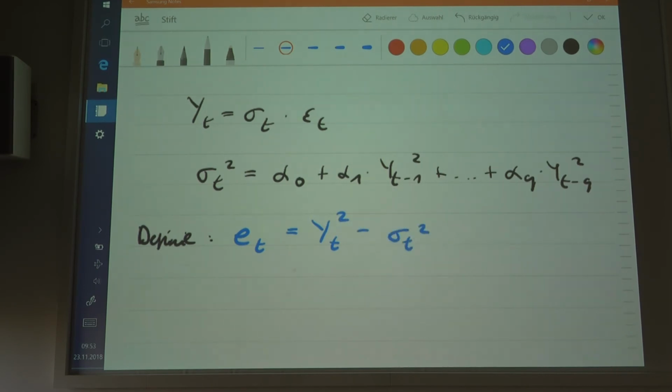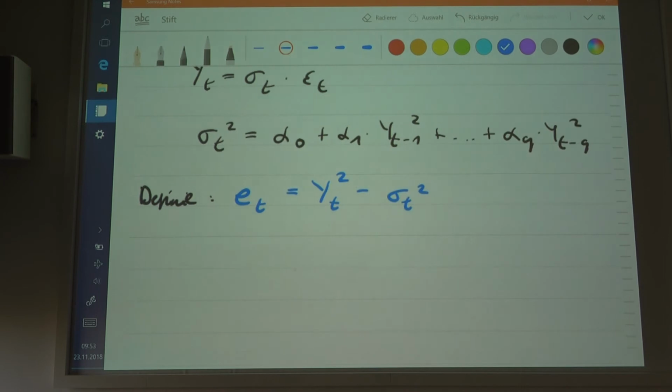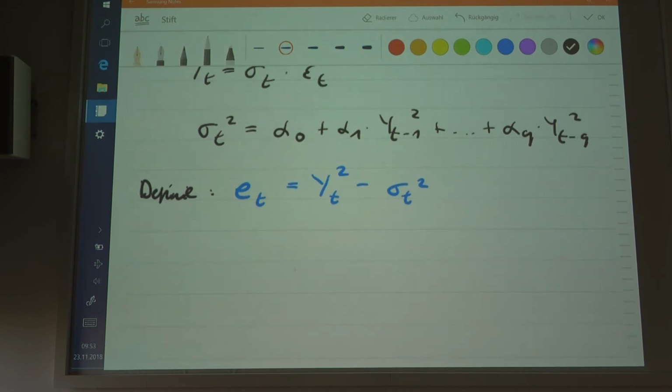With this, it is possible to rewrite the autoregressive conditional heteroscedastic process as an autoregressive process of the squares.